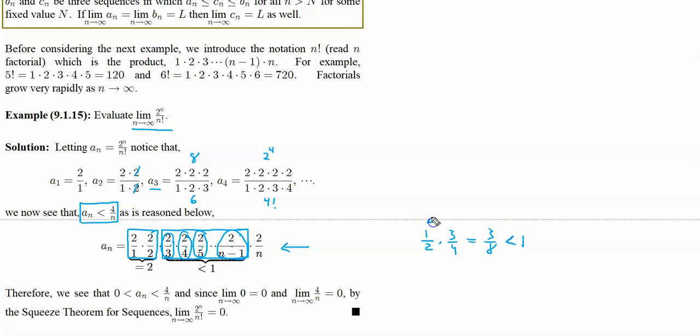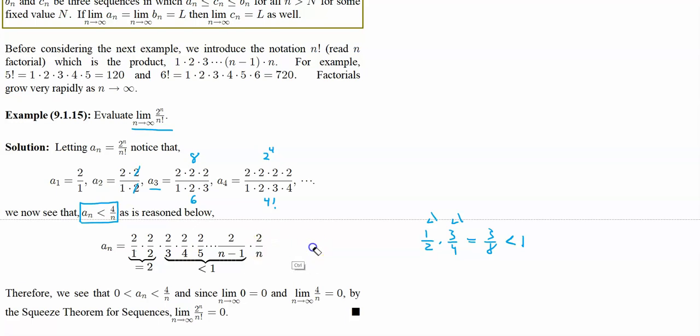If both of these are less than 1, and positive, by the way, then when you multiply them together, you're going to get a value that is still less than 1. So all of these numbers being multiplied here must be less than 1. And then the final term, you have your last term tacked on to the end here times 2 over n.